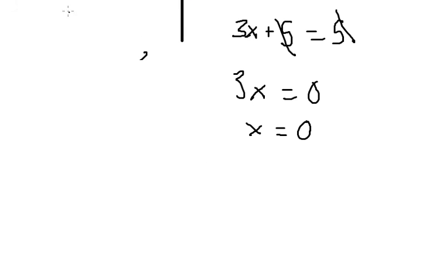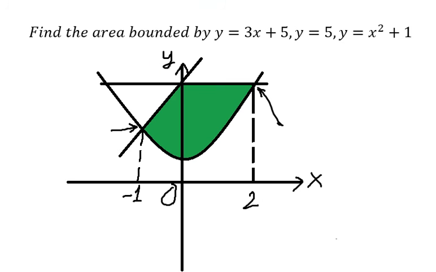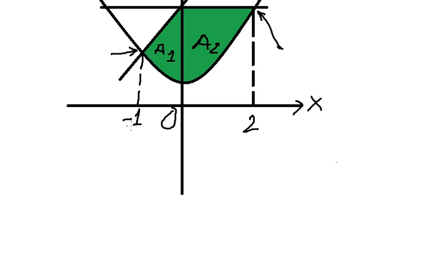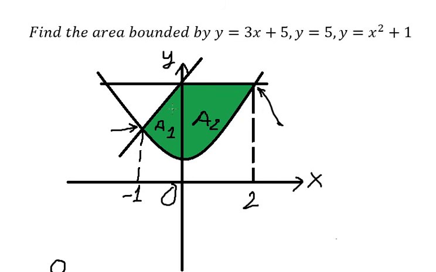So in this situation, we have two areas. The first one is about number 1 in here and number 2 in here. So we have the integration from negative 1 to 0. We see that this is the upper, and that is 3x plus 5.